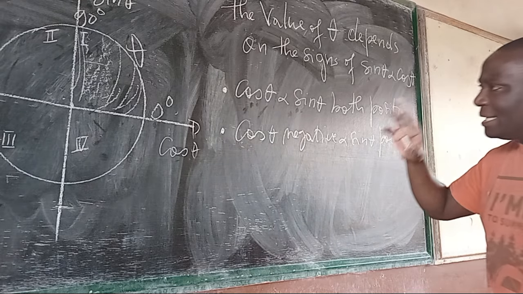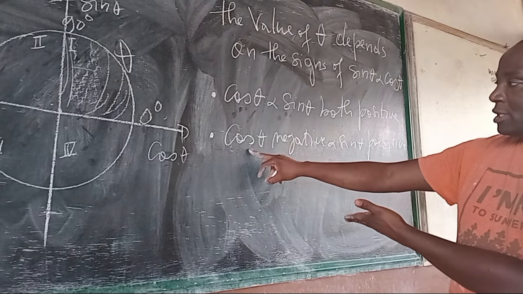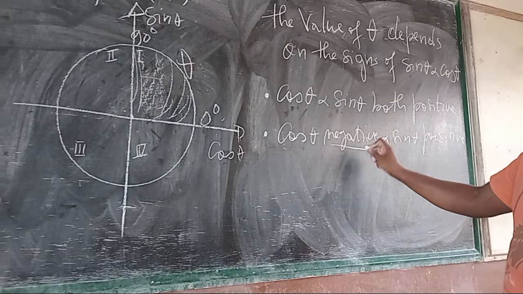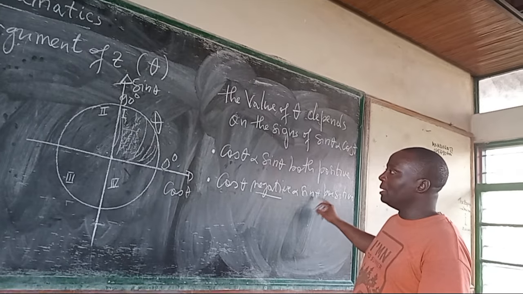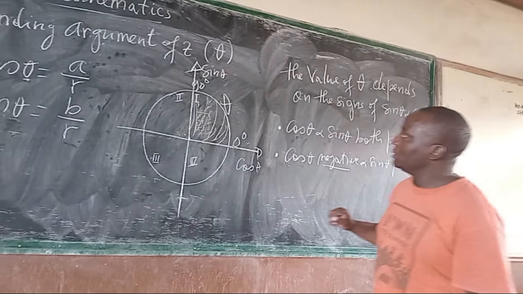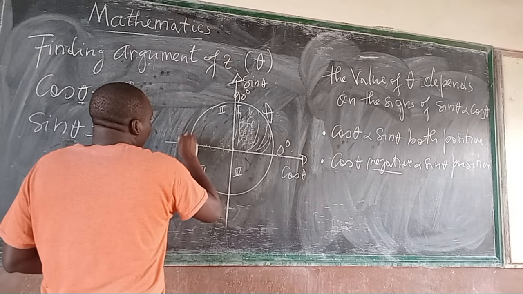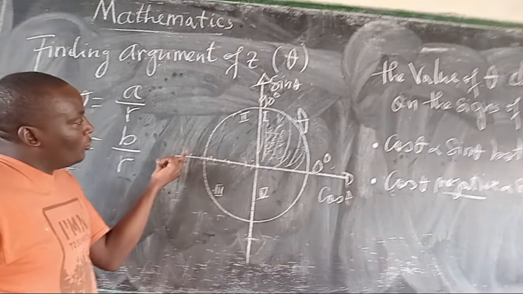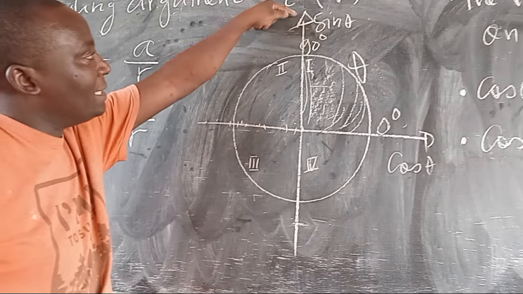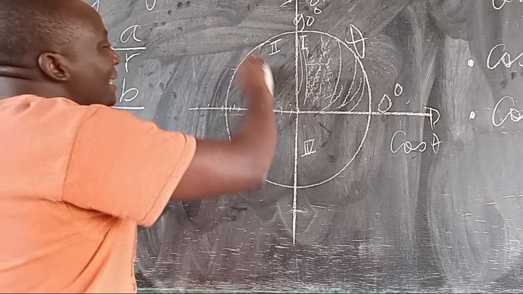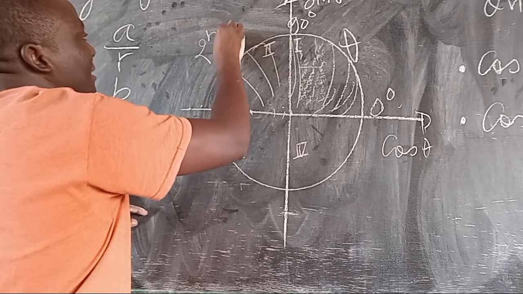I want the region on my unit circle where the result from cosine is negative and the result from sine is positive. It is like this one. The negative side of cosine is this one, and the positive side of sine is this one. We are here in the second quadrant.